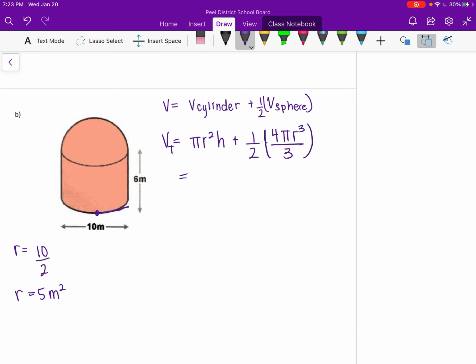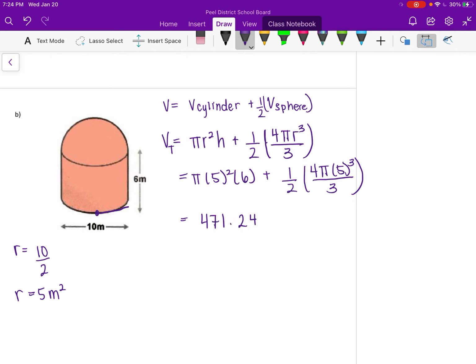I'm just going to start plugging stuff in now. So pi times 5 squared times 6, plus half of 4 pi times 5 cubed divided by 3. 25 times 6 times pi is going to be 471.238.